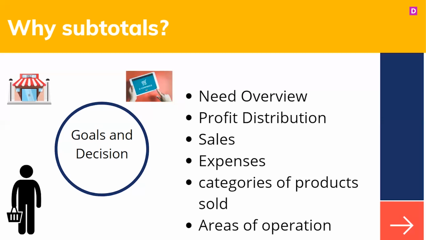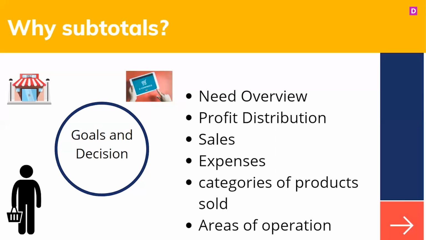Especially in these types of industries, totals and subtotals play a significant role. Why? Suppose the retailer wants to understand which categories of products are being sold. For example, currently Big Bazaar was under a lot of trouble and is nearing a shutdown.